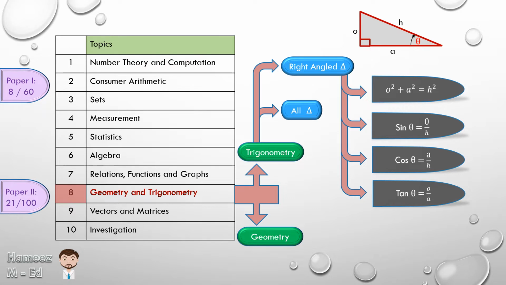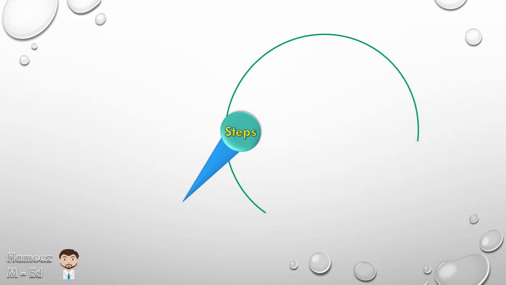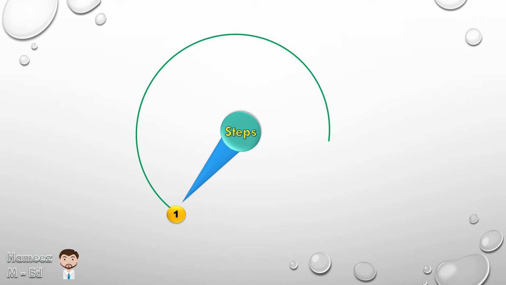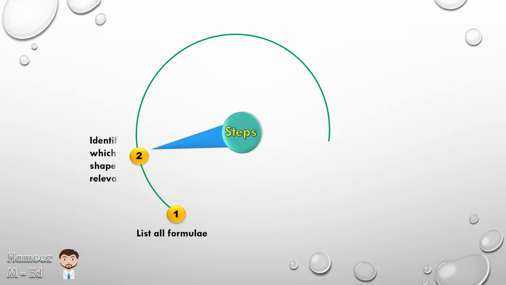During the analysis from May 2009 to 2014, we found that this topic came up in the years 2011, 12, 13, and 14. We've made some steps for students who are having problems in this topic. The first being that when we are looking at this question, we list all the formulae, which are 4 in this case, and then identify which shape is relevant from the diagram that is given.